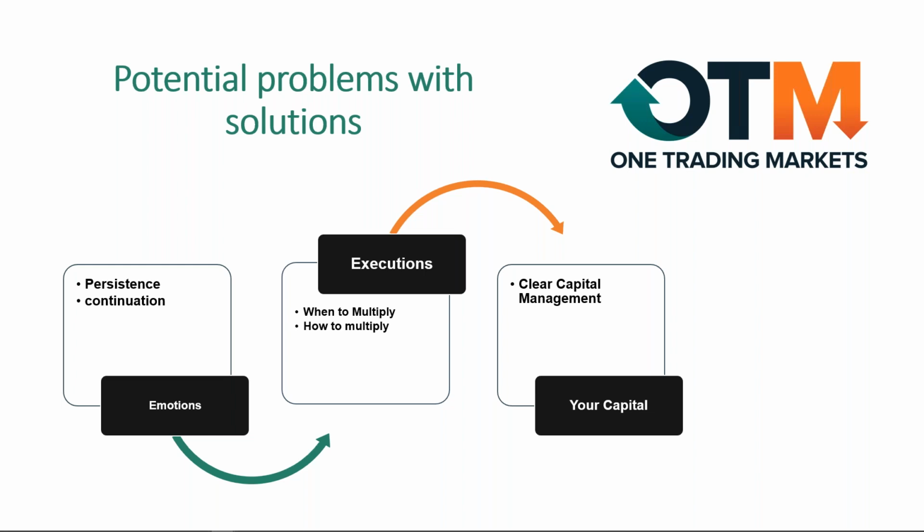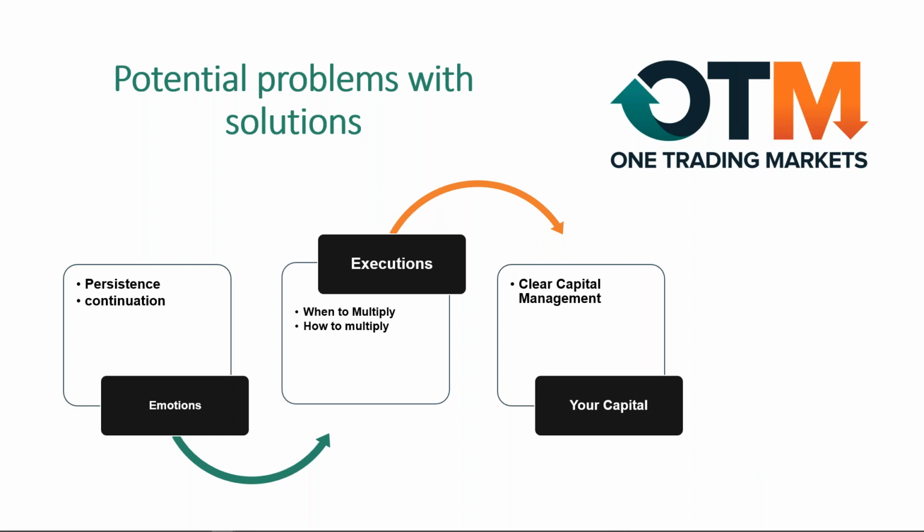Sometimes they say, maybe the market will go 60 pips instead of 20, so maybe I will double at 60 pips. But what if the market went 20 pips and then bounced back? In this case, you're losing this opportunity. So always be consistent. The continuation, consistency and persistence of this strategy is important.